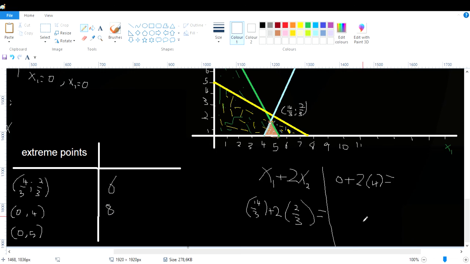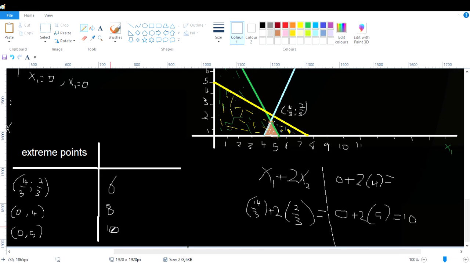Then let's substitute here: x1 is equal to 0 plus 2 times 5, which is equal to 10. Therefore, the final answer here is 10.